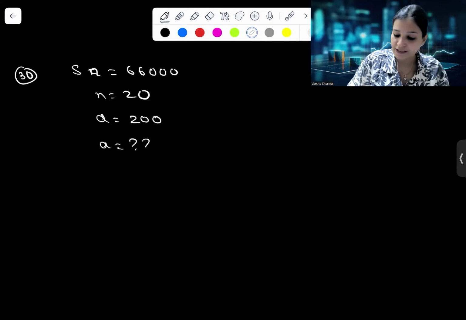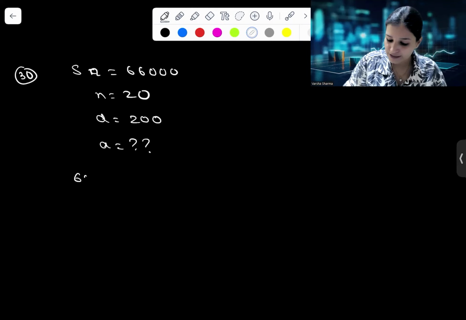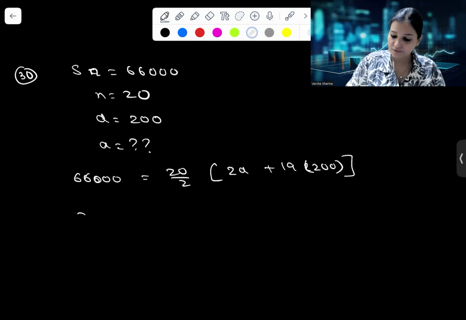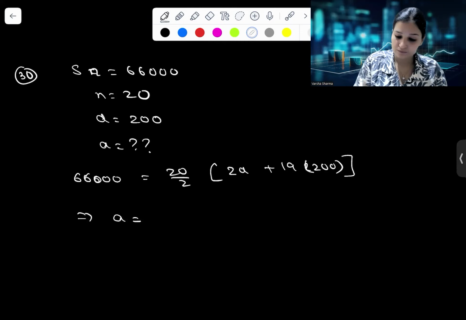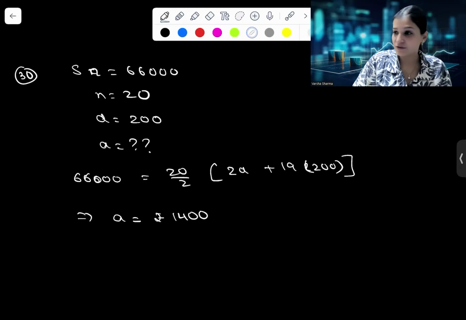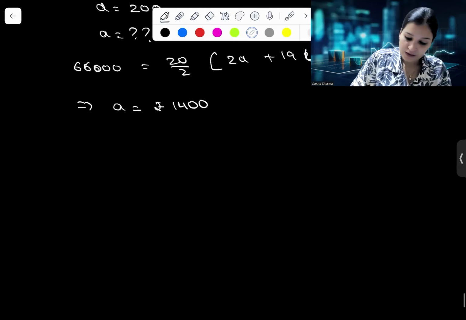What we want to find is A. So Sn is n by 2, 2A plus n minus 1 into D. What is A? 1,400. Perfect.